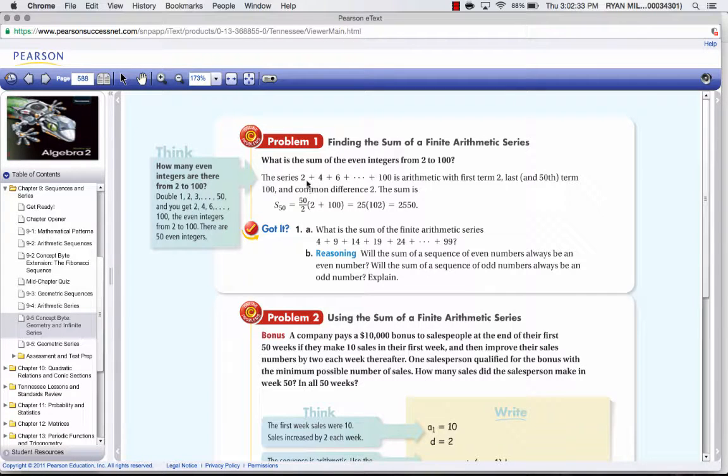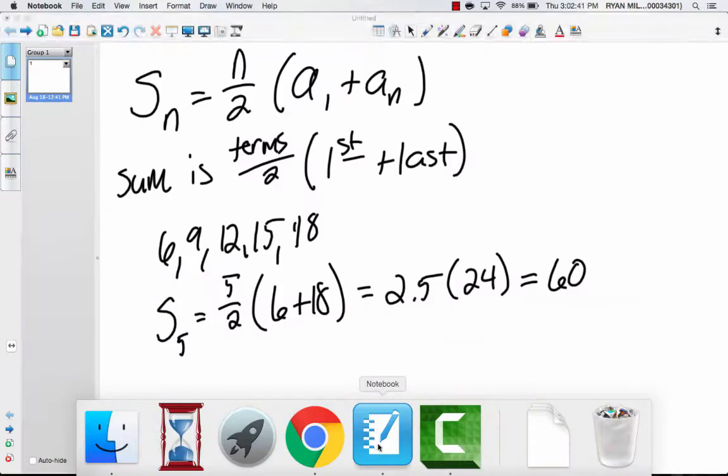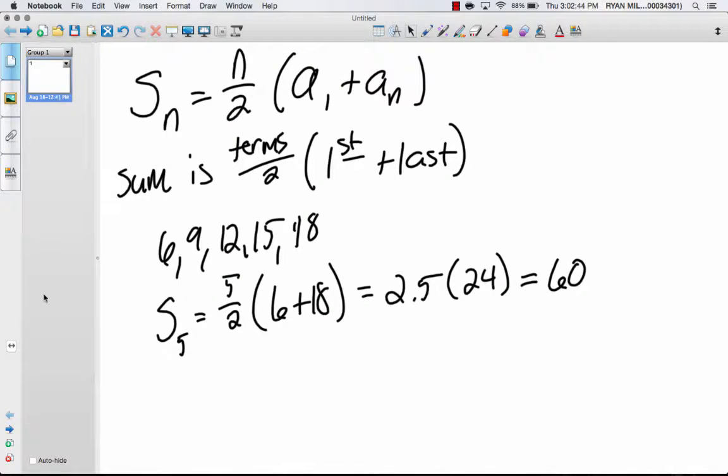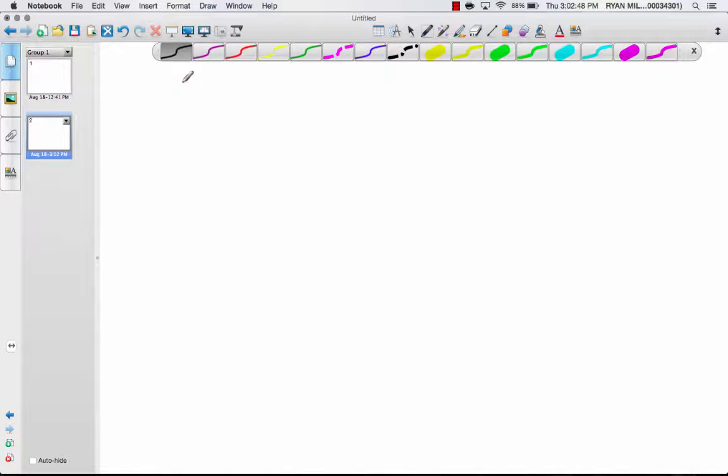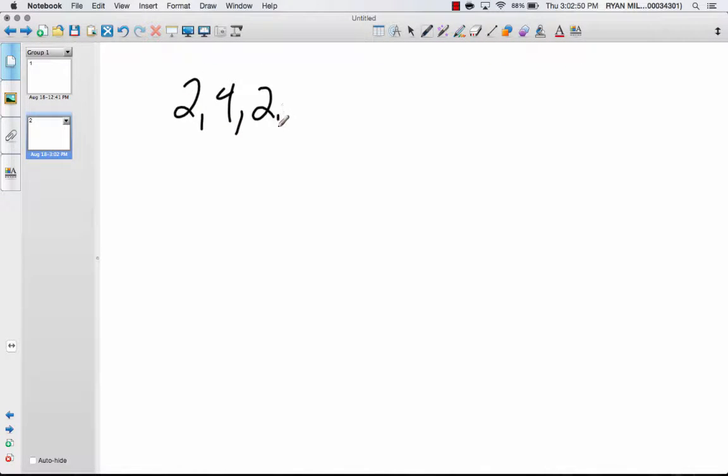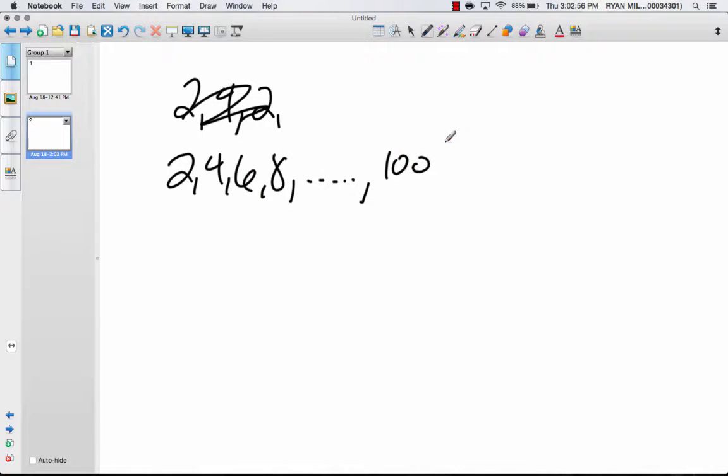What is the sum of the even integers from 2 to 100? The even integers would be 2, 4, 6, 8, 10, all the way up to 100. So let's look at that as an example. Let me add a page. If I had 2, 4, 6, 8, all the way up to 100, what would that add up to?